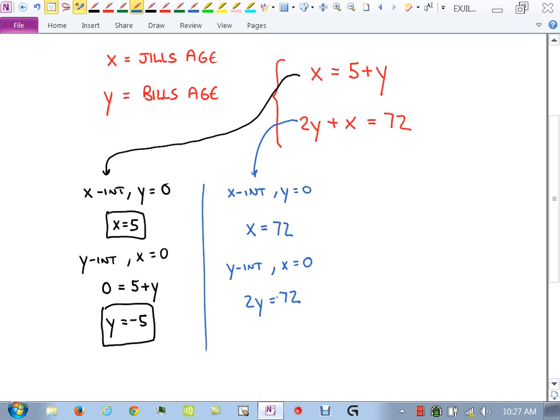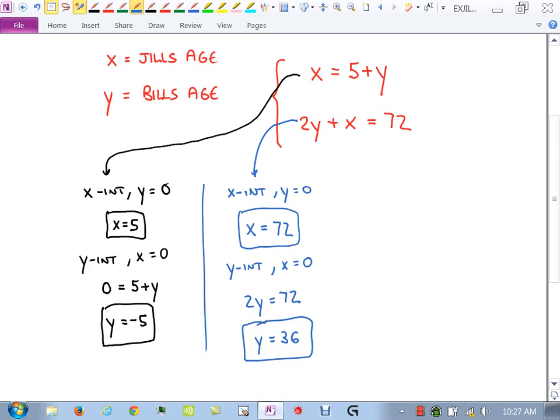What's 72 divided by 2? 36. Do you see why I didn't graph these first? Because I knew when I made the problem that if I had graphed the first ones, 5 and -5, your graph only would have gone out 5, maybe 10 each way. And look what we need for the next one. I need to go 72 one direction, 36 the other.